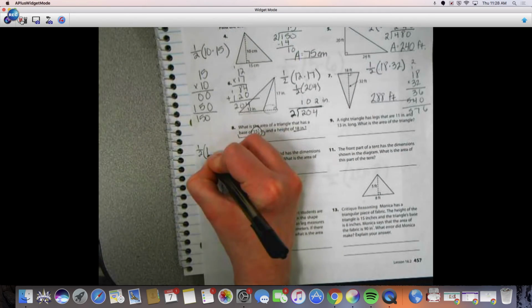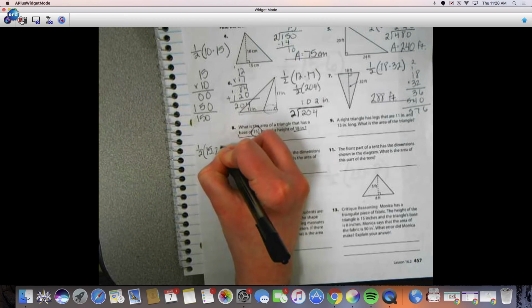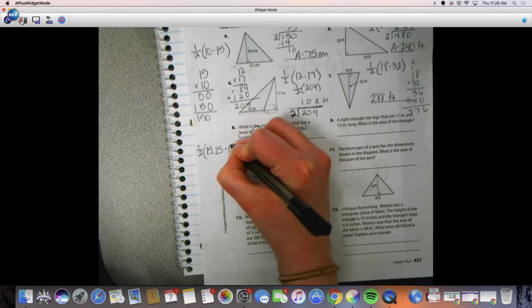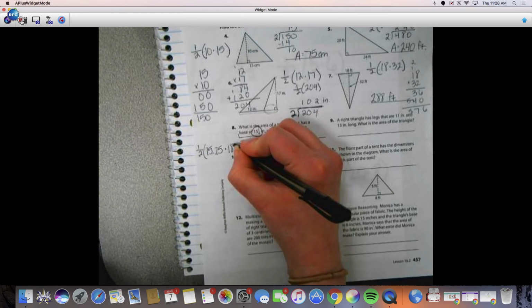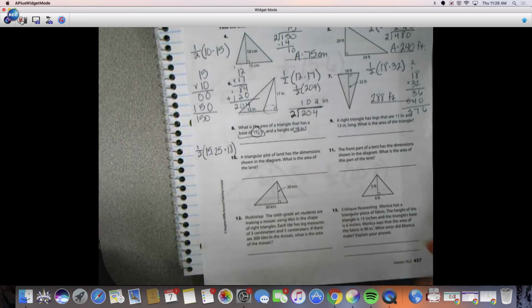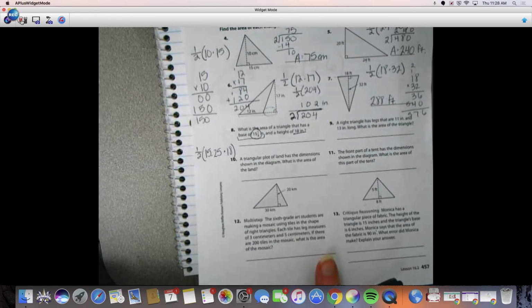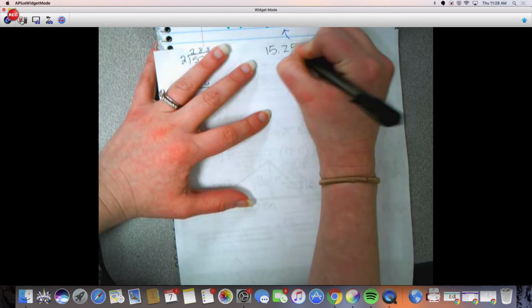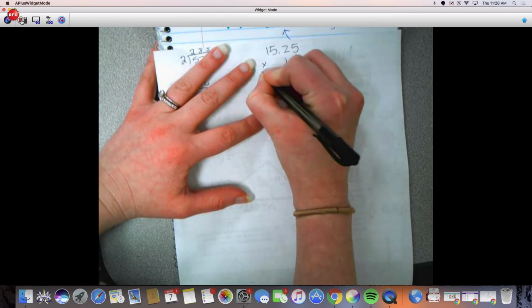0.25. So it's going to be 15.25 times 18. Okay. I'm going to put mine on the back to have space for that. So I'm going to do 15.25 times 18.